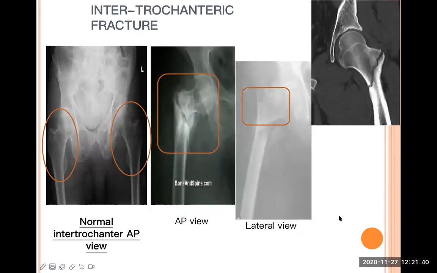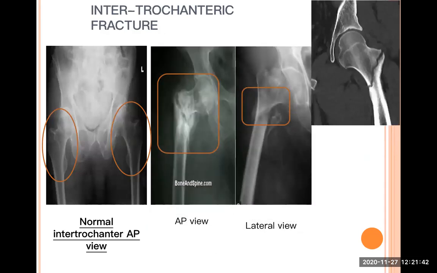These are the intertrochanteric fractures, which occur through the trochanteric line, greater trochanter, lesser trochanter. This is the intertrochanteric line. So this is the normal intertrochanteric view. I cannot see any fracture here, but this is a definite fracture line I can see.